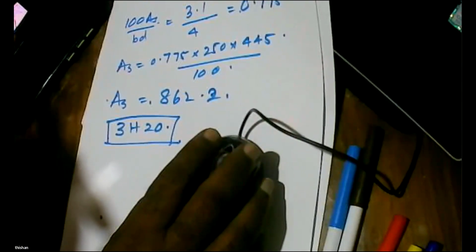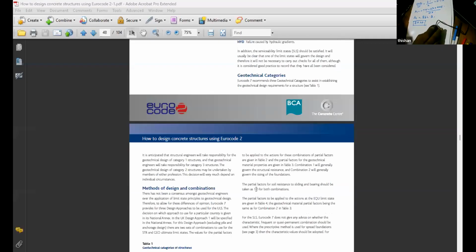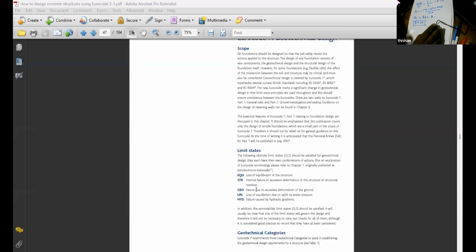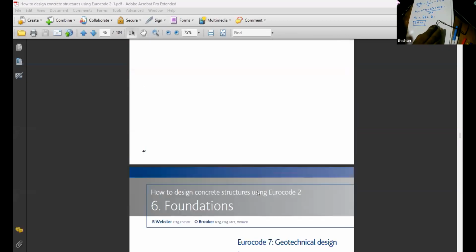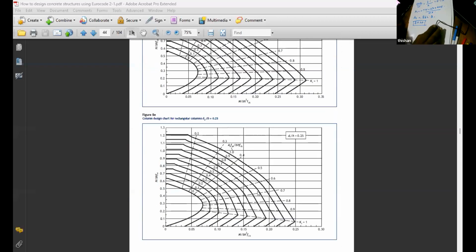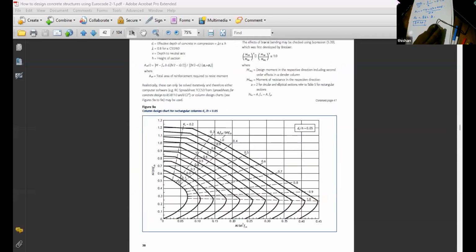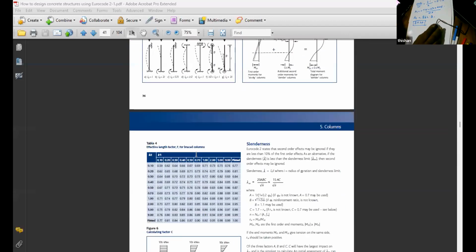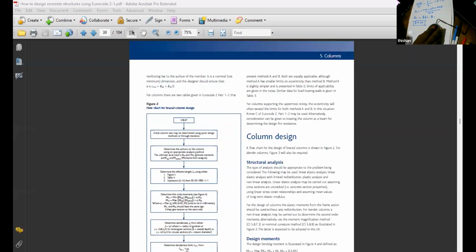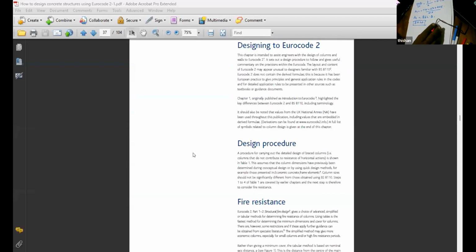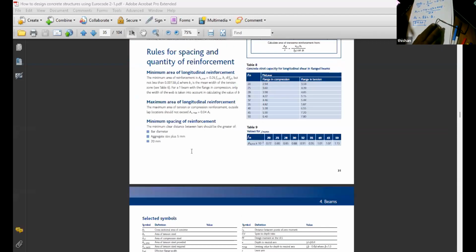No. In this book, there are charts. There should be a chart in this book also.